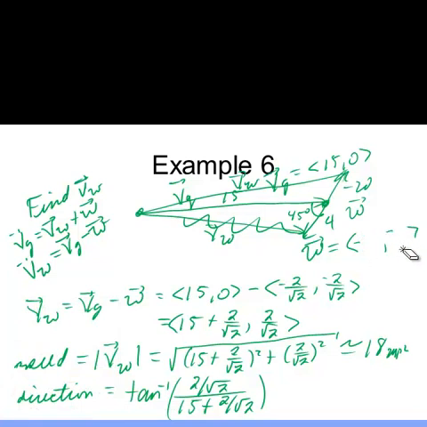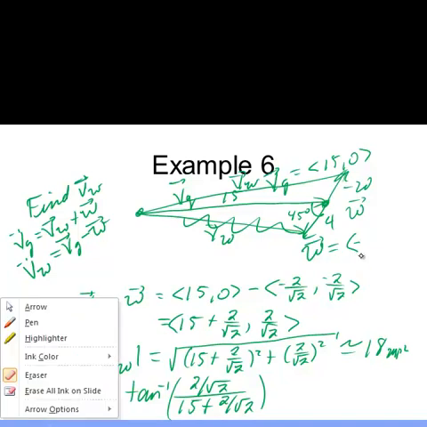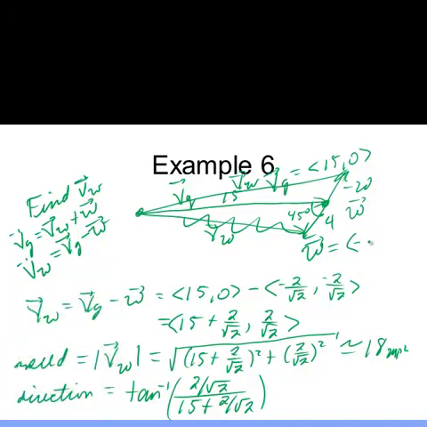For W, this is going to be negative 2 root 2, because we took 4 times 1 over square root of 2, which would give you 2 root 2. So the x and y components of W would be negative 2 root 2 for both of those. Okay, so let me just fix that real quick.